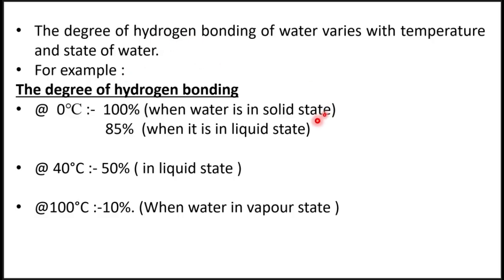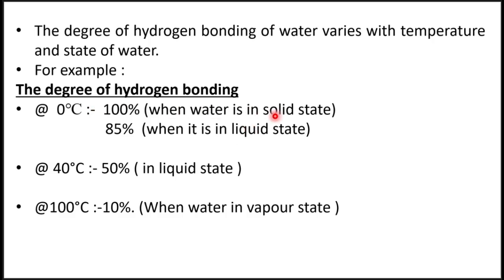If we increase the temperature, the hydrogen bonds begin to break. So at 0 degrees Celsius, hydrogen bonding is 100% when the water is in solid state. We know that at 0 degrees Celsius, some amount of water will occur in the solid state, that is ice, and some amount will occur in the liquid state.